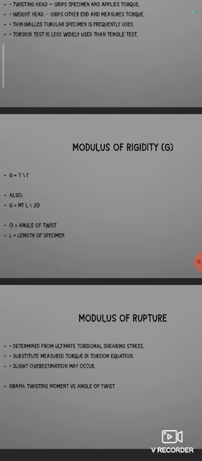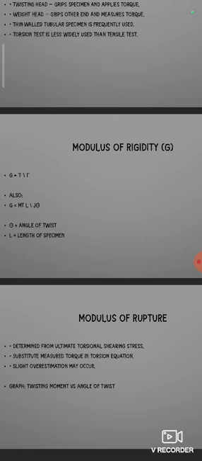It represents the maximum shear stress the material can withstand before fracture. Sometimes slight overestimation may occur due to assumptions made in torsion theory.